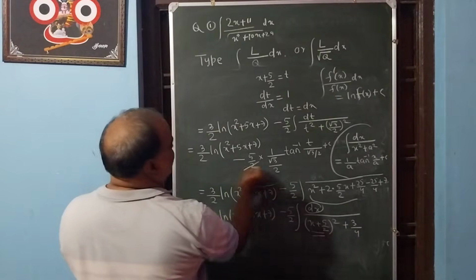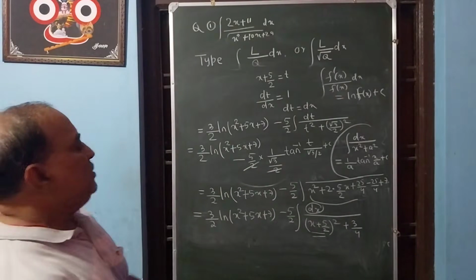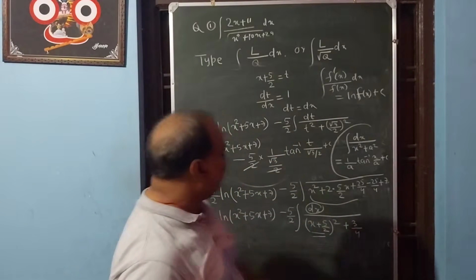Now this 2 is cancelled with this 2. Now in place of t, we have to put x plus 5 by 2.